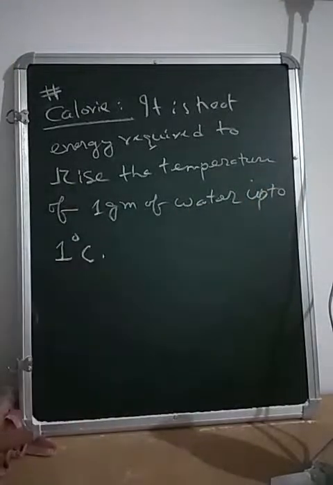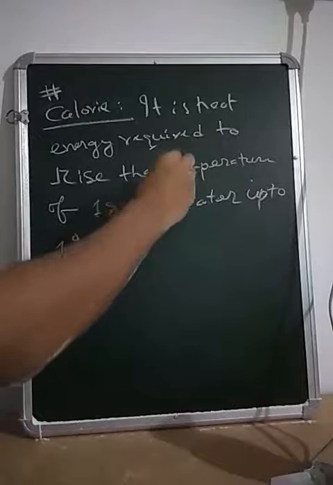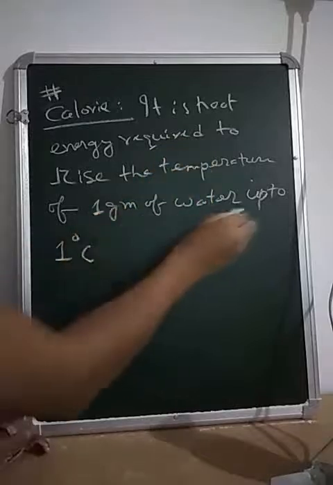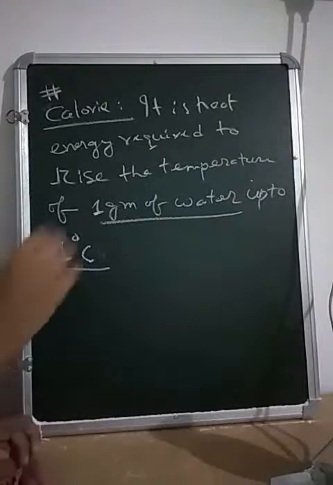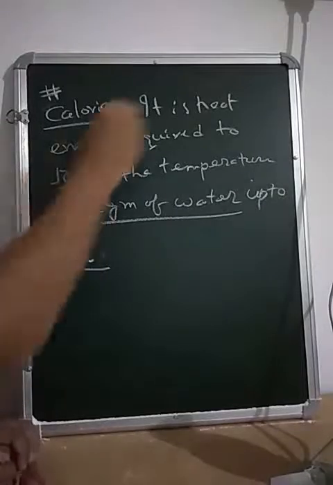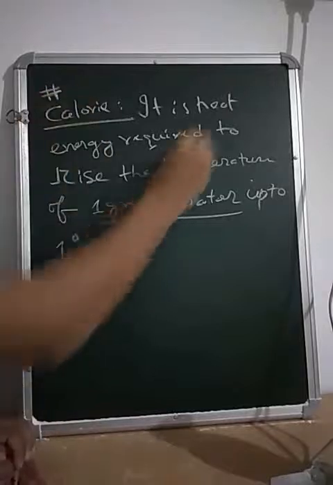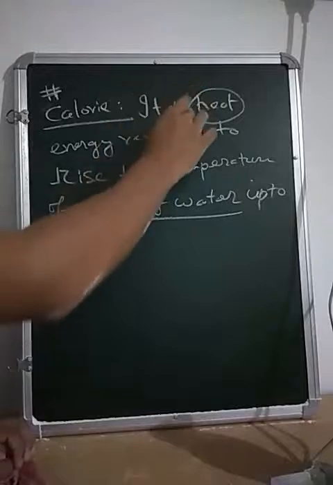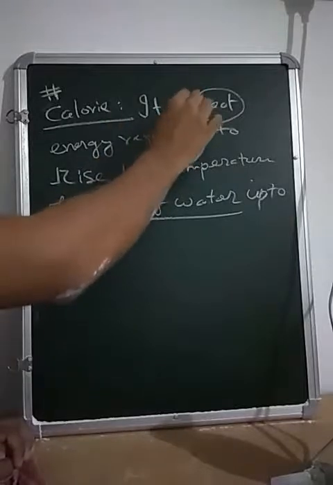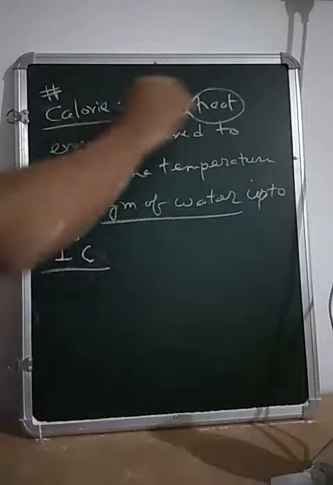So calorie is the heat energy required to raise the temperature of 1 gram of water up to 1 degree Celsius. In this case we express energy in terms of heat. So what is a calorie?